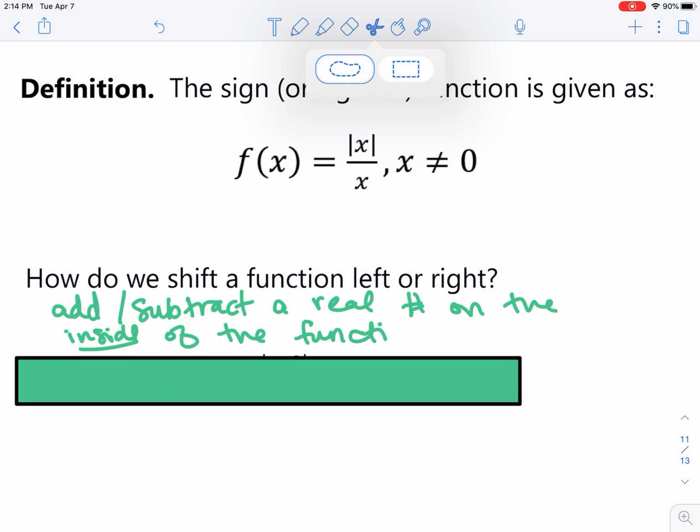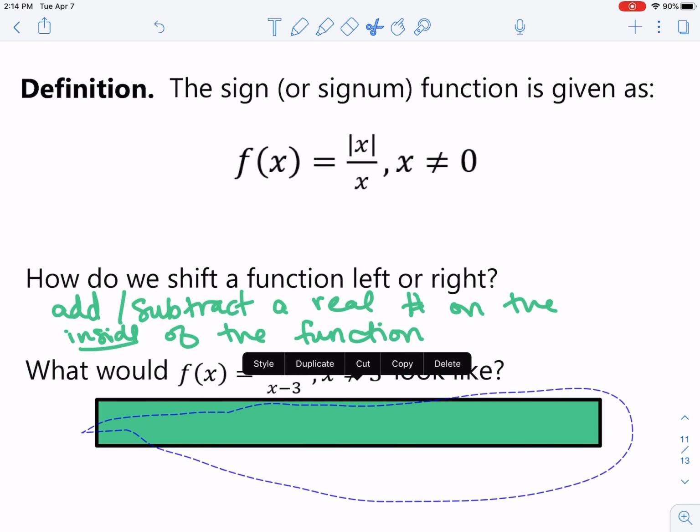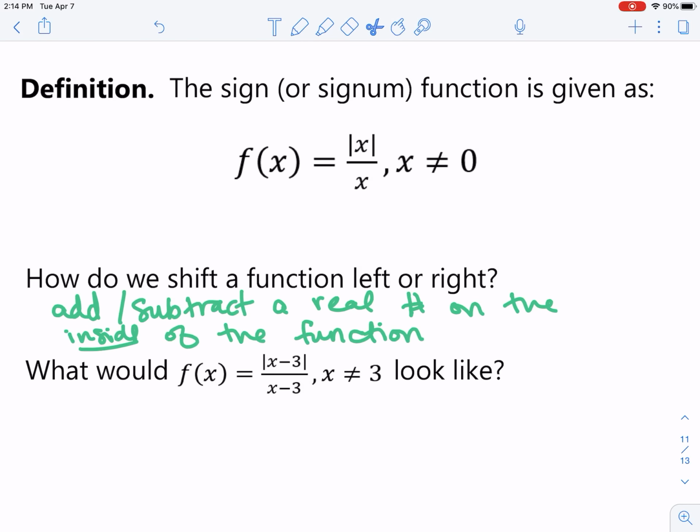For example, let's try this here. What would f of x equals absolute value of x minus 3 all over x minus 3, valid for all x's not equal to 3, look like?